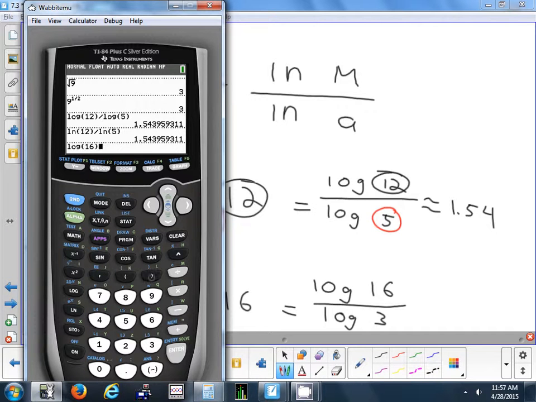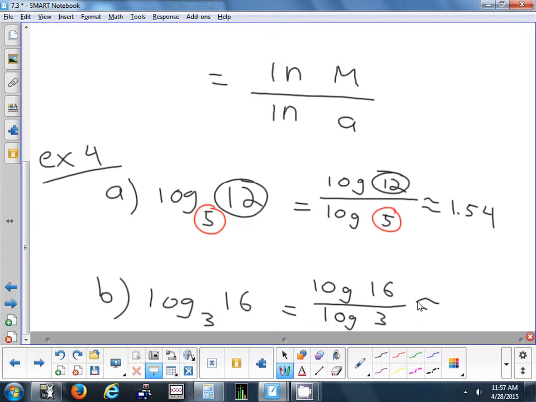Log 16. You got to make sure you close that parenthesis. If you don't, bad things are going to happen. Divided by log 3. By bad things, I mean you'll get the wrong answer. All right. 2.52. As long as you know how to type that in, that's a super easy problem. There'll be 2 or 3 of those on the test. And that's all you have to do.